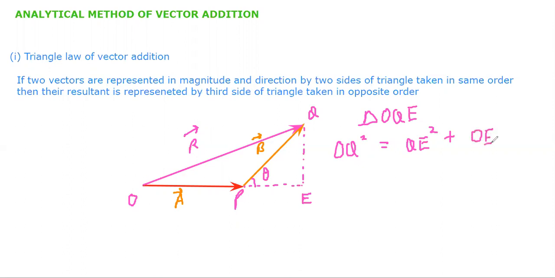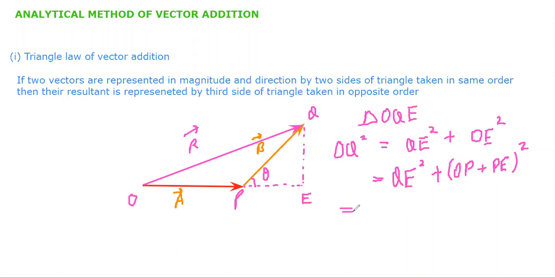Now the value of OE can be written as OP plus PE. So I will replace OE by OP plus PE, and this equation becomes QE square plus OP plus PE whole square.